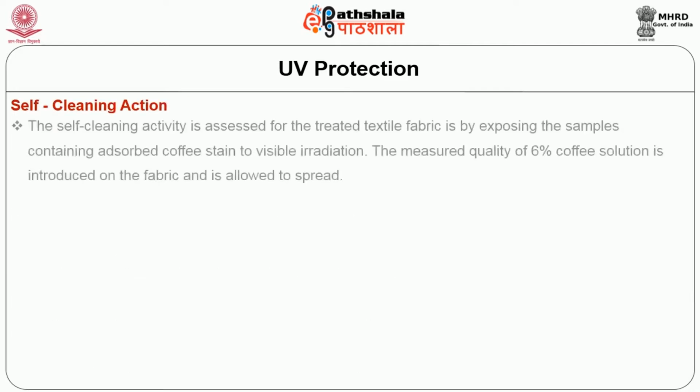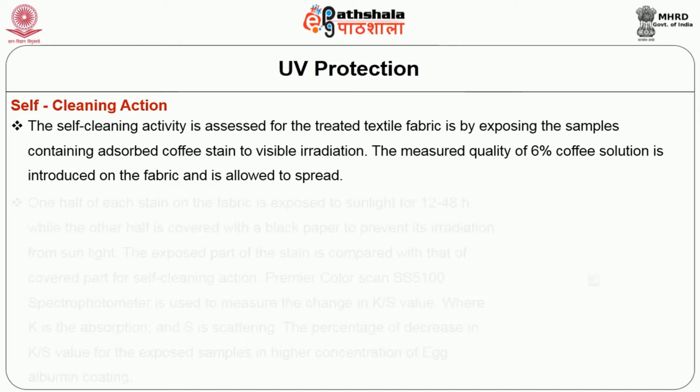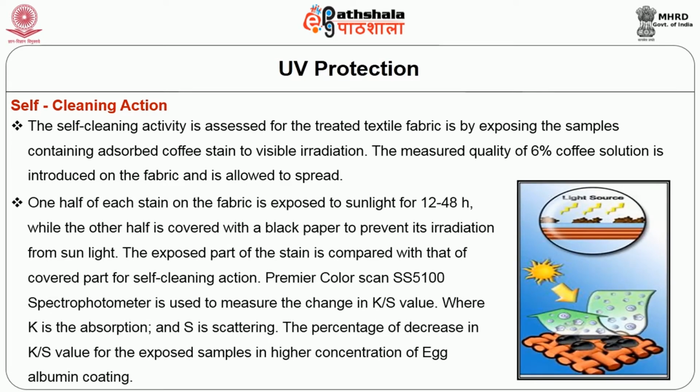Self-cleaning action. The self-cleaning activity of the woven fabric is assessed for treated samples, mainly using chemicals, by exposing samples containing adsorbed coffee stain to visible radiation. A measured quantity of 6% coffee solution is introduced on the woven fabric and allowed to spread on the surface of the fabric. Half of each stain on the fabric is exposed to sunlight for 12 to 48 hours, while the other half is covered with black paper to prevent irradiation from sunlight.